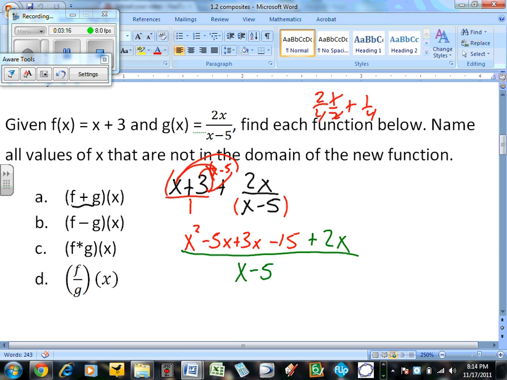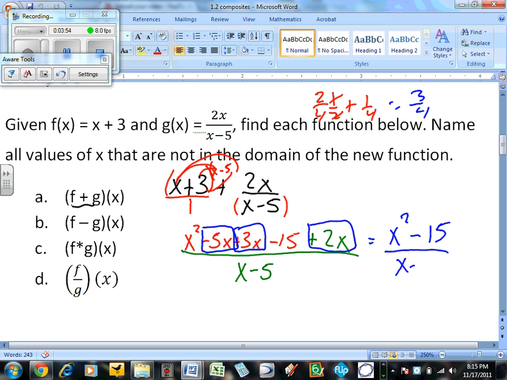Now I have a positive 3x and a positive 2x. The result will be x squared because there are no other x squared terms to combine. Negative 5x plus 3x is negative 2x, and negative 2x plus 2x is 0. So I don't have any x's left. I have x squared minus 15 divided by x minus 5.